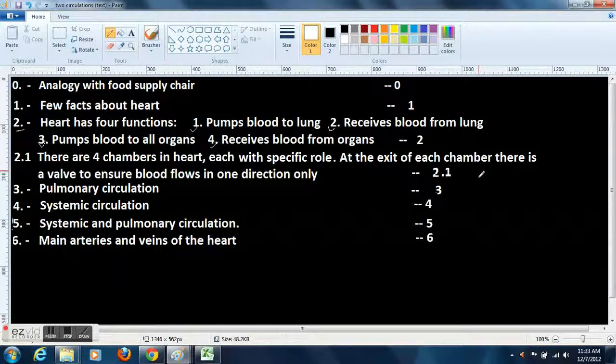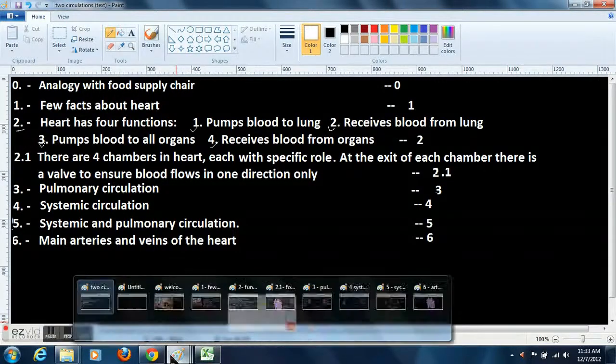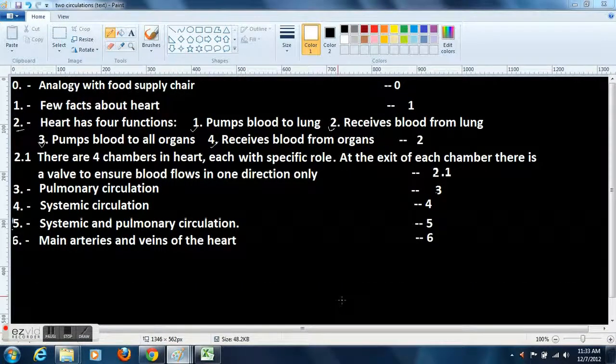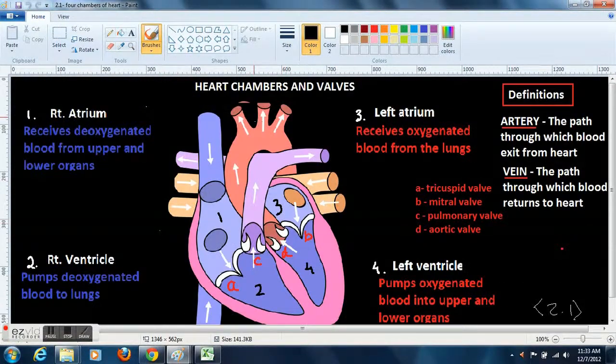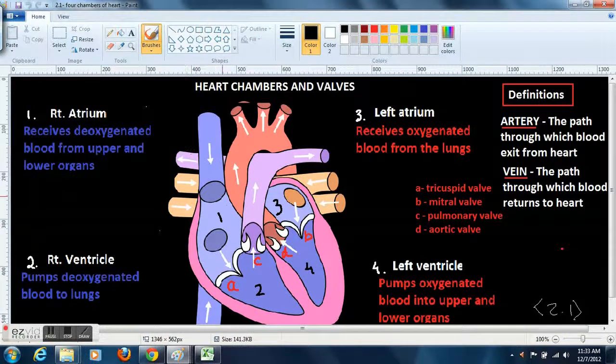Now in the just previous point, I have told you that heart has four functions, and each of these chambers is responsible for one function. So four functions of heart are performed at four chambers. So that is the reason there are four chambers in the heart, because heart performs four functions. So let us understand the chambers first.